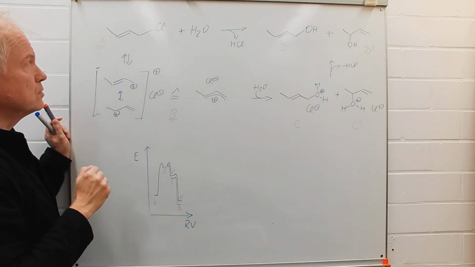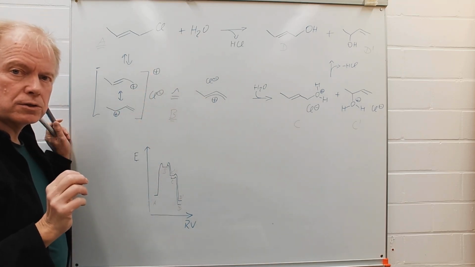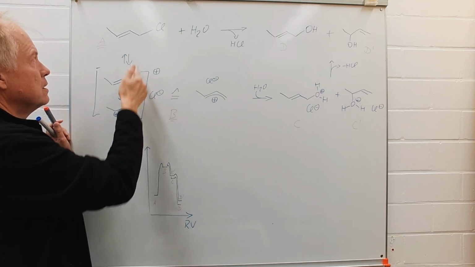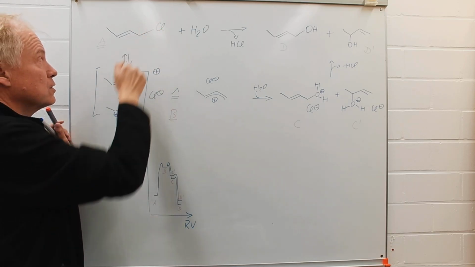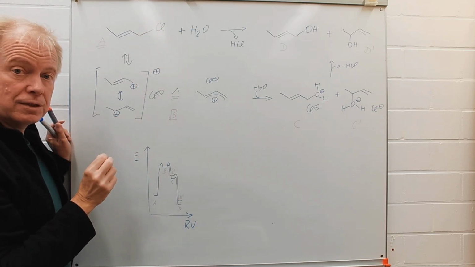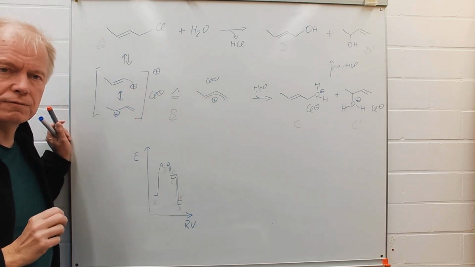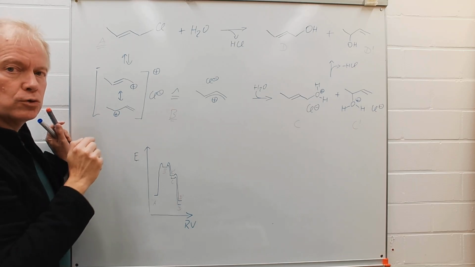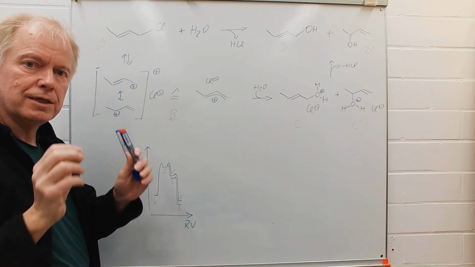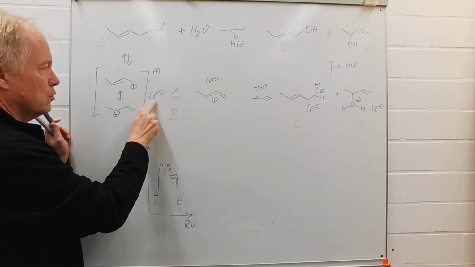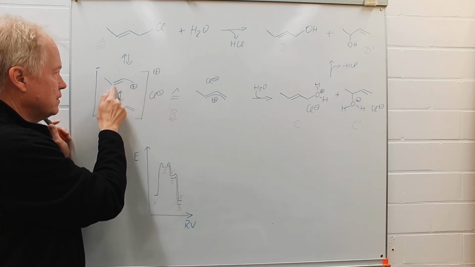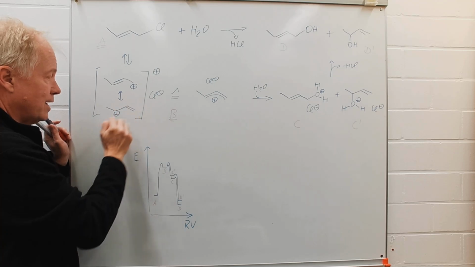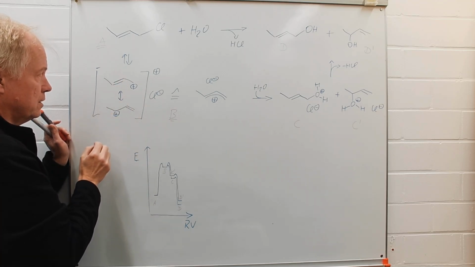So to the mechanism: water is not nucleophilic enough to directly substitute that chlorine, but it is a very polar solvent. That means it enables the allylic chloride to fall apart into its ions, the chloride anion and the carbocation, which is stabilized isomerically.